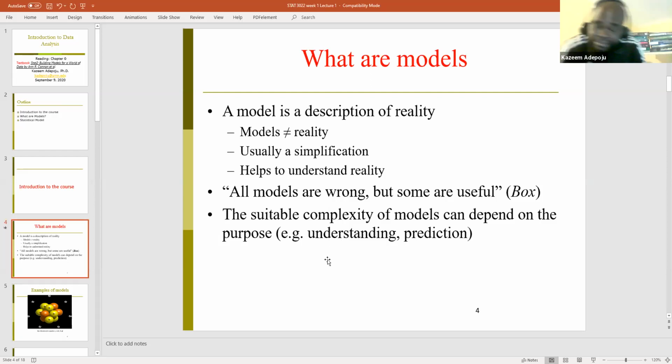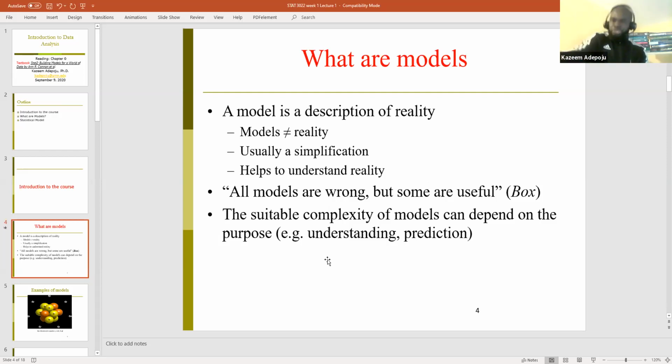Like I said, the simplified reality will enable us to understand reality. In the actual sense, reality is complex in nature. But if we really want to understand reality, if we really want to have control of our environment, then we need to simplify the complex reality.